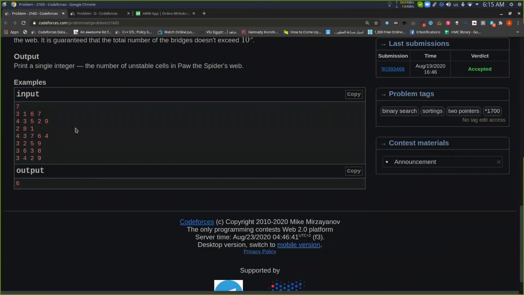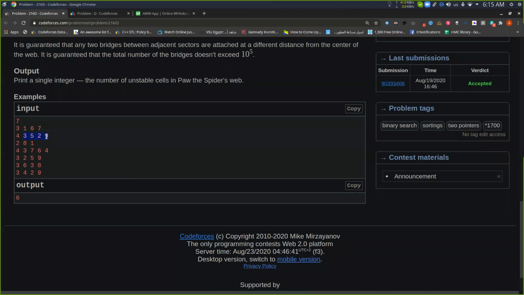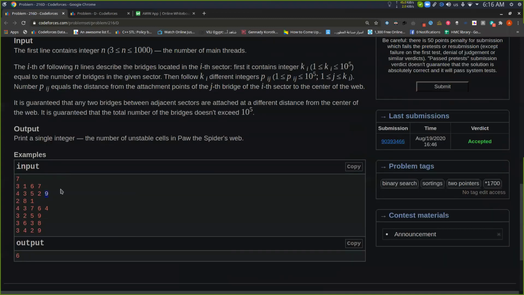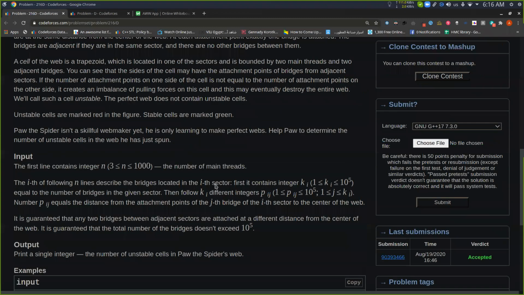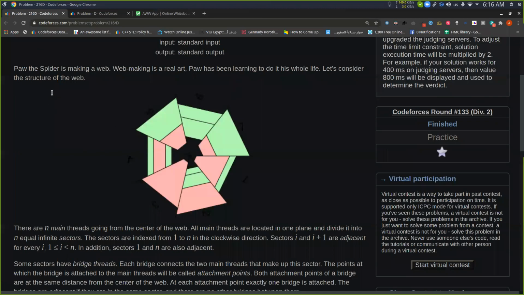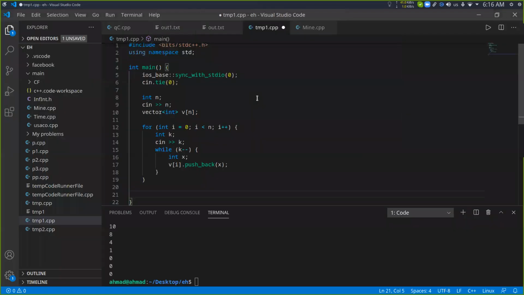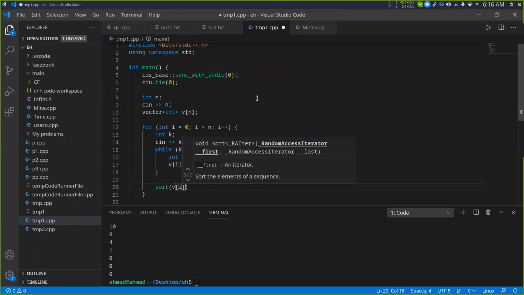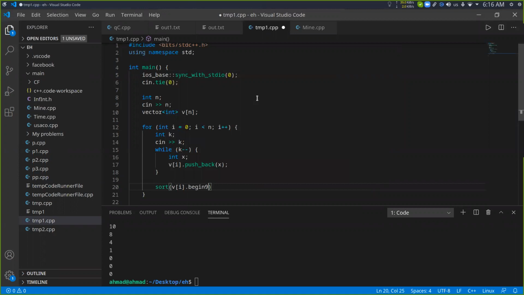We are checking every two consecutive bridges, but they must be sorted, right? So I shouldn't check 2 and 9. I should check only 5 and 9, right? So each two consecutive bridges. So I should sort these bridges. Okay, so I'll make this check after sorting each v of i. That's it.